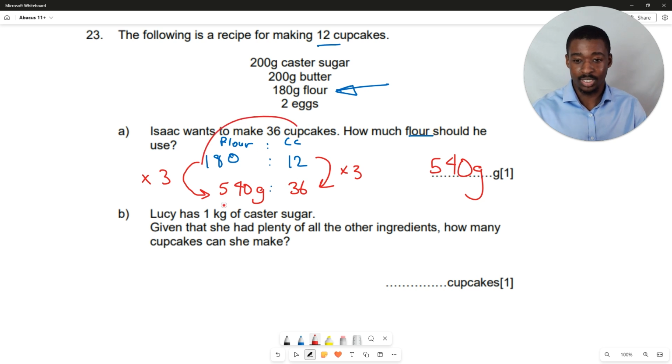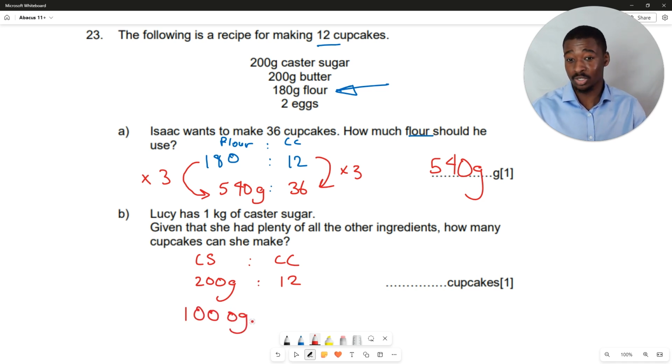How do we do that? Well, we construct the same scenario here. It's all ratios. So we know already caster sugar, CS, cupcakes, CC. What numbers do we know already? We know it takes 200 grams of caster sugar to bake 12 cupcakes. But we have 1 kilogram of caster sugar, which is 1,000 grams.